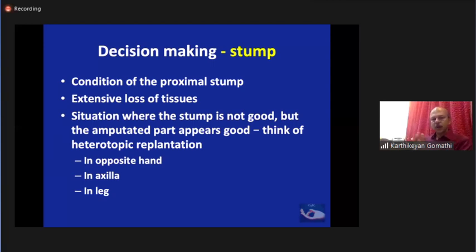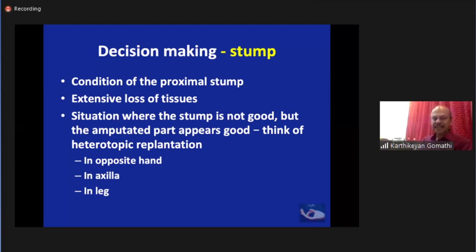When the proximal stump has been reconstructed or made better, or the situation is conducive to receiving the amputated part, you can always bring it back. Remember, when we talked about Marco Godina, he was the first person to do a heterotopic replantation. He replanted the hand in the axilla, then brought it back to the hand.